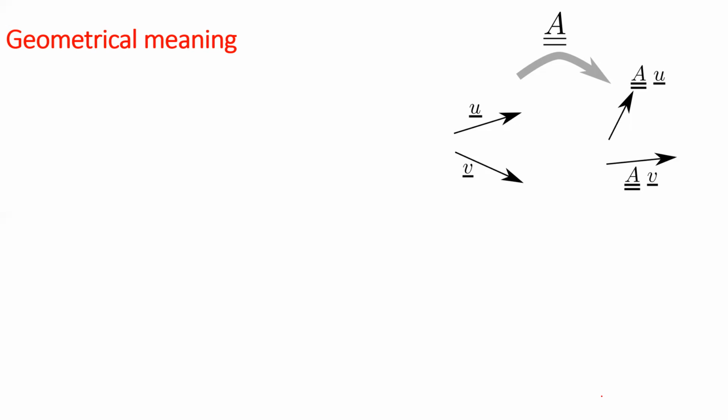Originally it was u, and that vector got stretched or compressed. So its magnitude is altered and also its direction is altered. It has been rotated in 3D space and its magnitude is also changed. So a second order tensor transforms a vector in magnitude and direction.